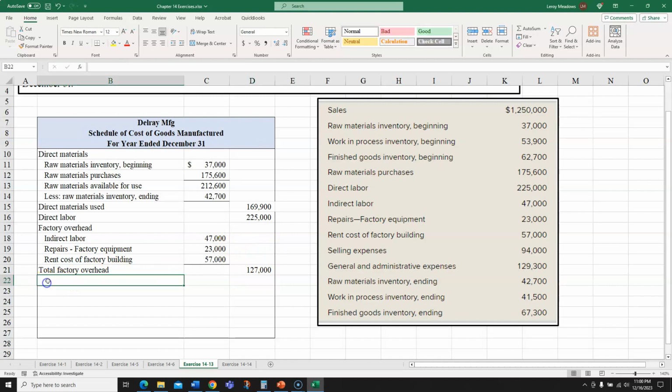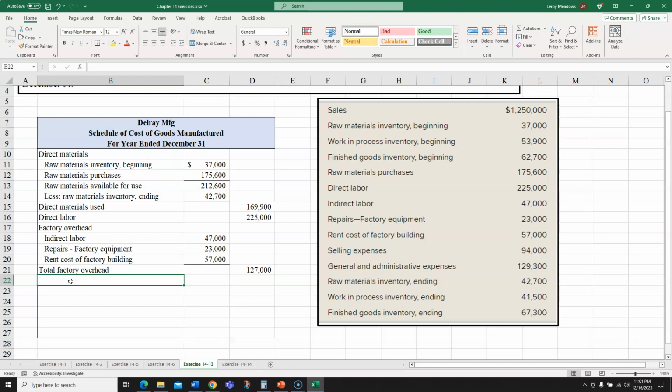Now remember that the cost of goods manufactured, if you watch the two instructional videos with this, is really just an analysis in a report form of the work in process account, the T account or the ledger account. So keeping that in mind, what do I remember?